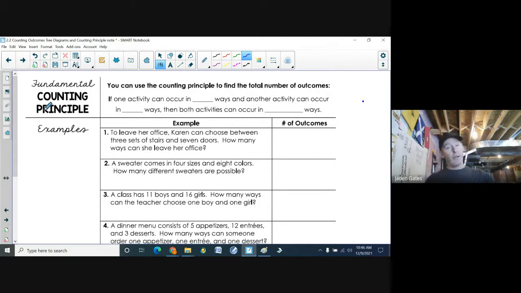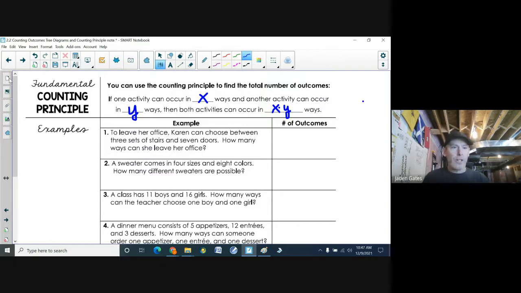Now, a tree diagram allows you to easily come up with a sample space and find probabilities, but you can figure out the total number of outcomes because if one activity can occur in, say, X number of ways, and another activity can occur in, say, Y ways, then both activities can occur in X times Y ways.